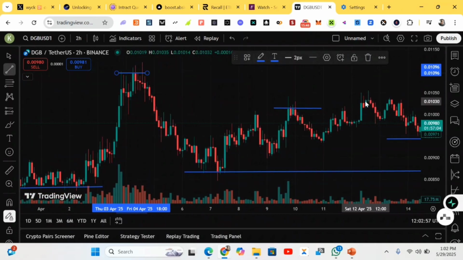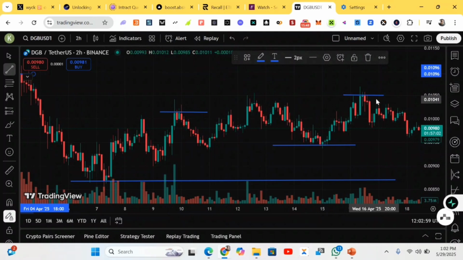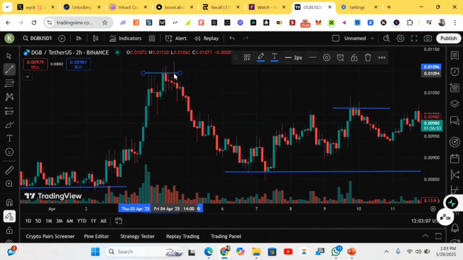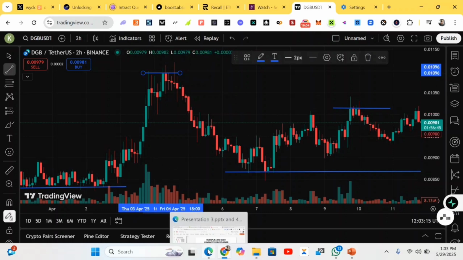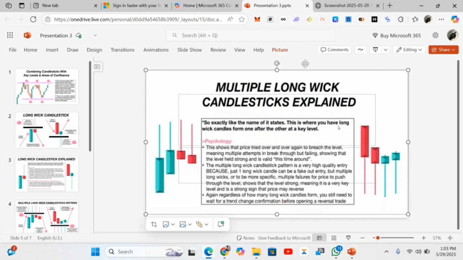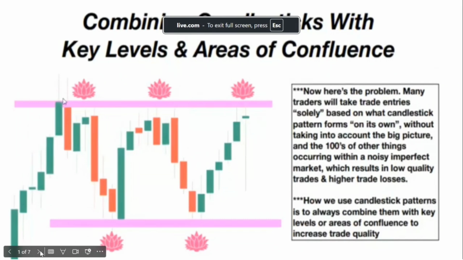As you can see, buyers still came, they tried to push it, and they went to their best, and it came up to this level over here. So this is where we have the area of resistance, at this level. Okay guys, so I'll be showing you another example type of candlestick.